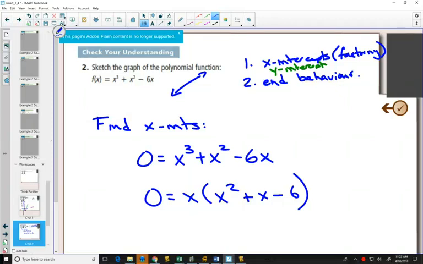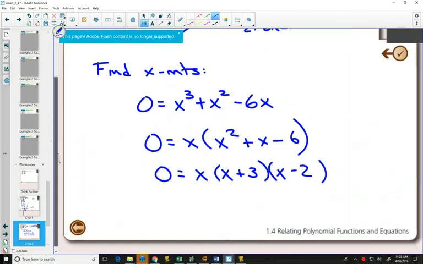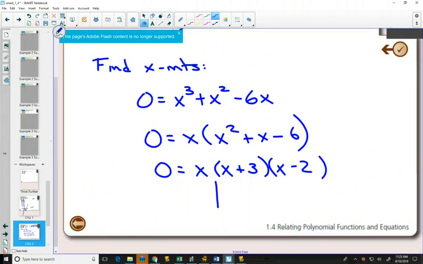You could factor that further, and in this case, it's going to be plus 3 minus 2. So if you wanted to find your x-intercepts, one of them will be at x equals 0, one at x equals negative 3, and one at x equals 2.